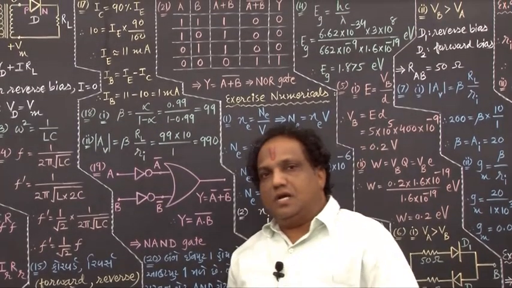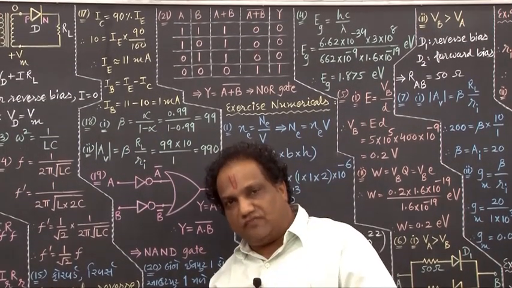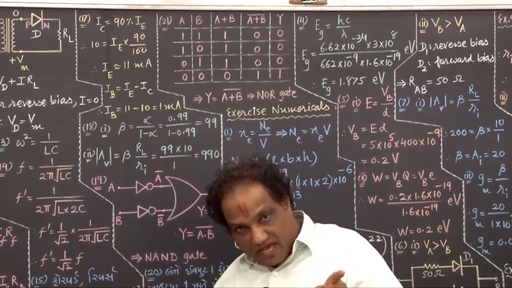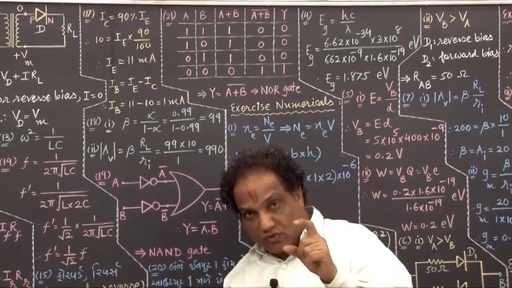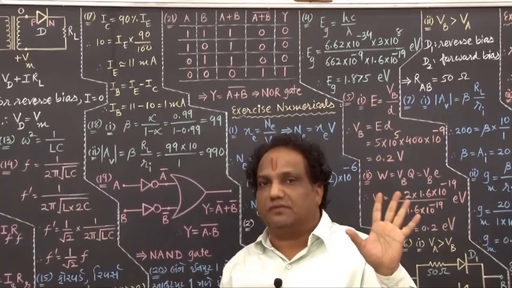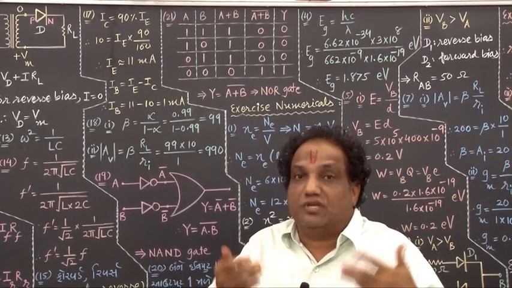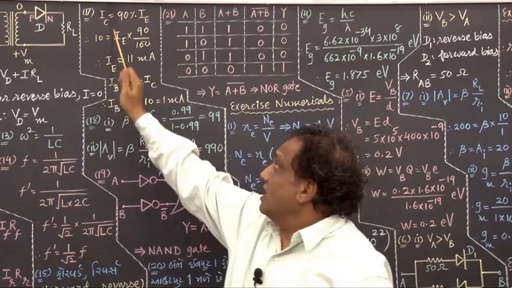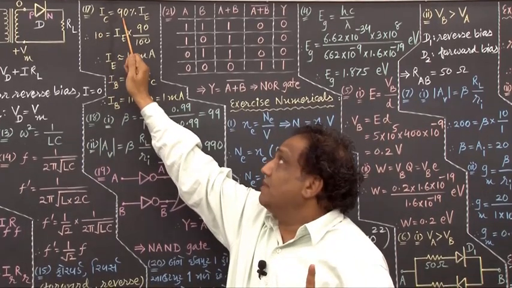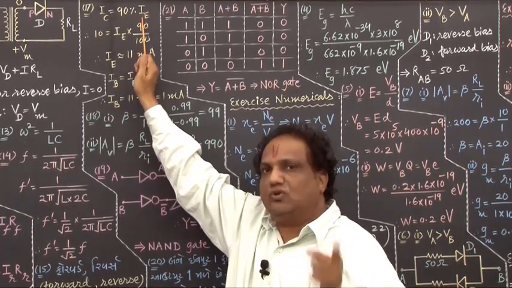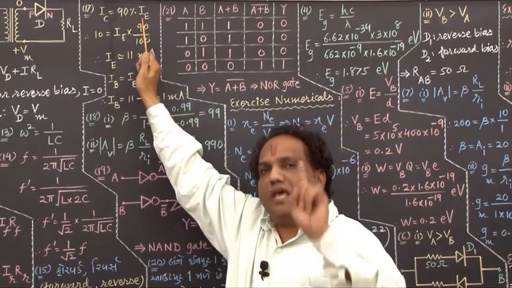Read it. Out of the total number of electrons which have entered from emitter into base, 90% of those electrons enter into collector, and that number constitutes collector current. So collector current is formed by 90% of the total number of electrons. The total number of electrons forms the total current, that is emitter current.